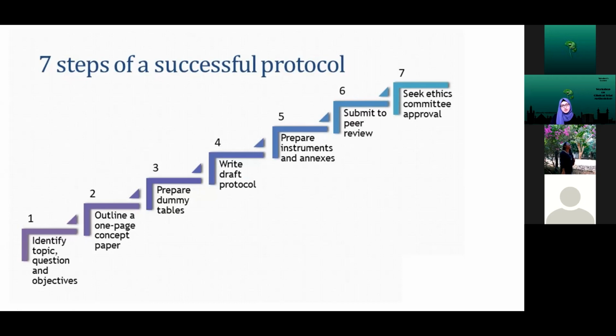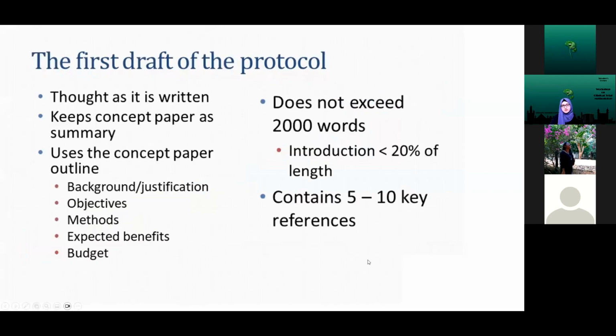That is just on a piece of paper, which is far less in amount than the actual protocol. Then we prepare the dummy tables. Then we write the draft protocol. Then we prepare the instruments and annexes and submit the protocol for peer review, and at last we seek the approval from the institutional ethics committee. This is how we go about the academic trial.